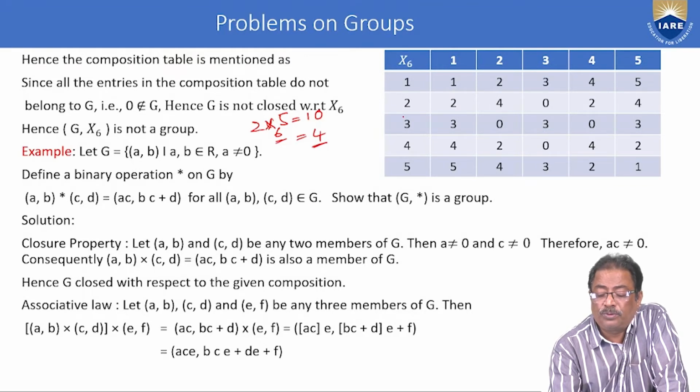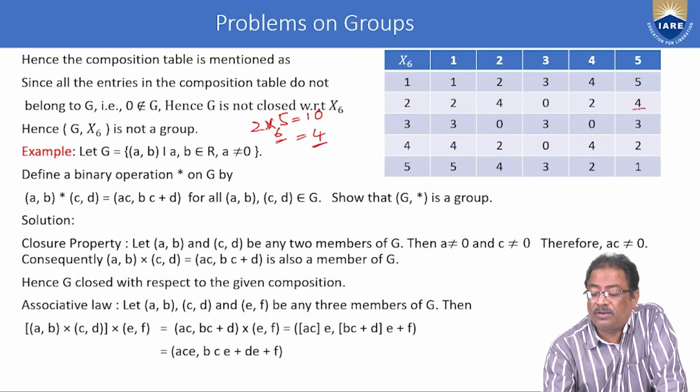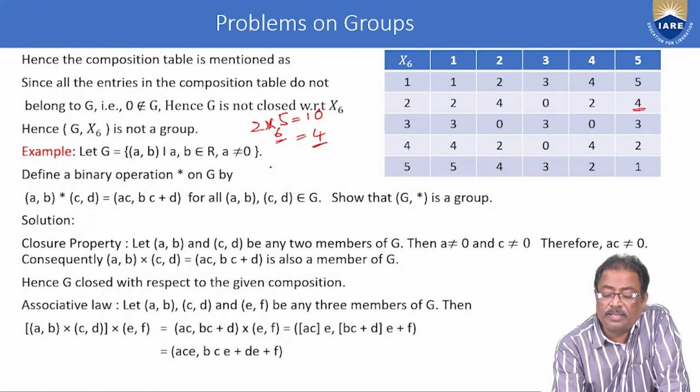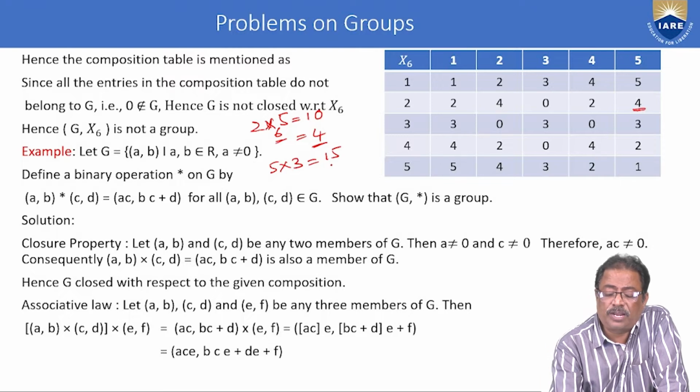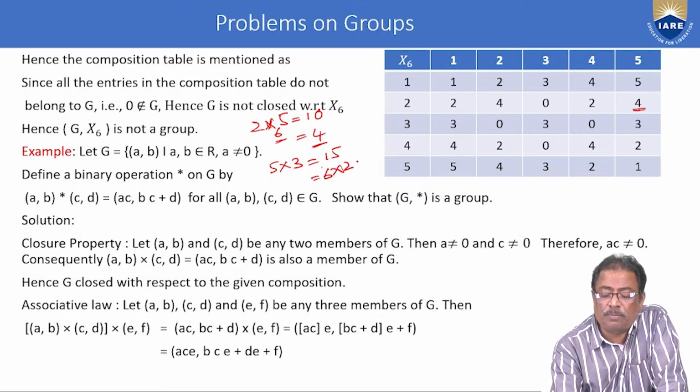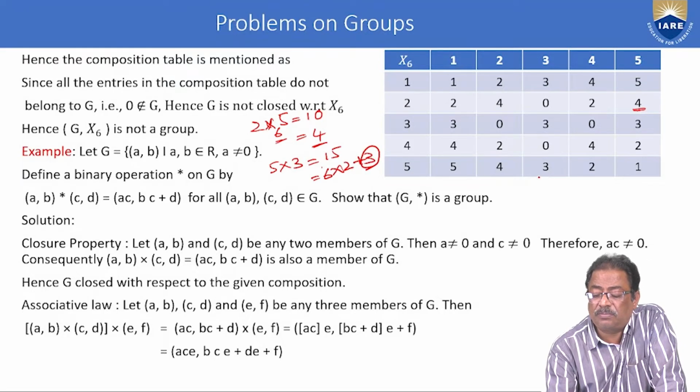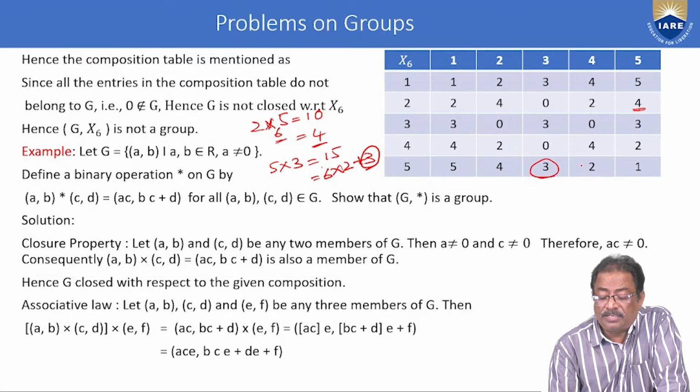So 2 times 5 is 4. Suppose I take 5 and 3, so it is 15. 15 divided by 6, what remainder do I get? This can be written as 6 into 2, 12, plus 3. So the remainder is 3. So 5 times 3 is 3.